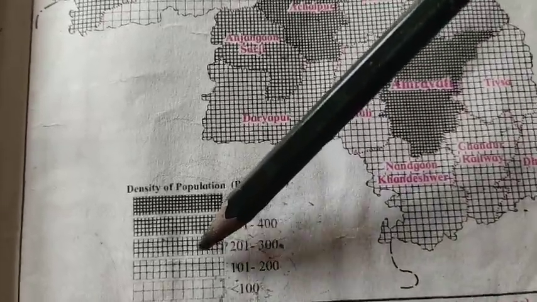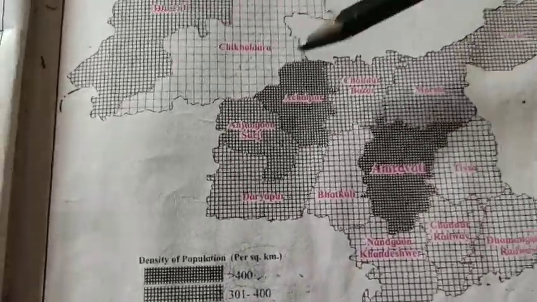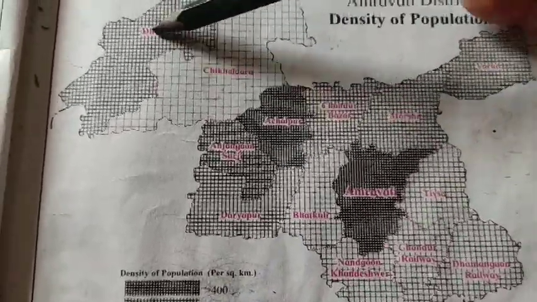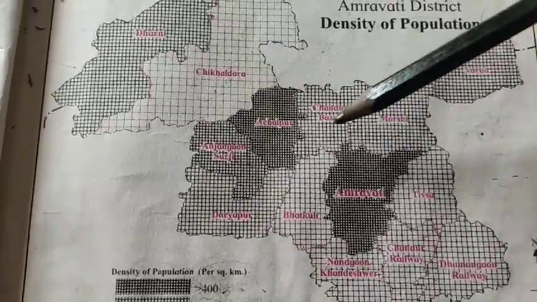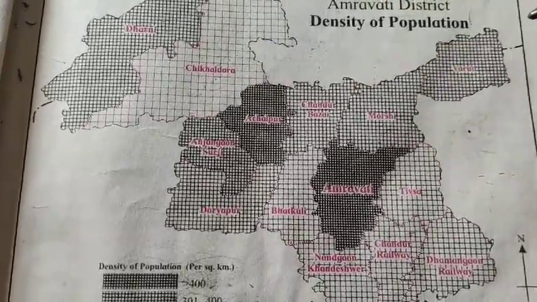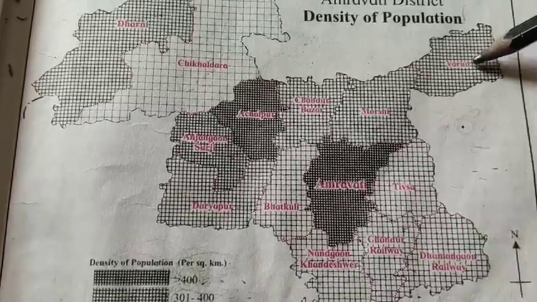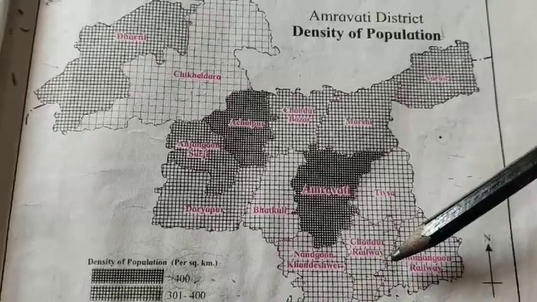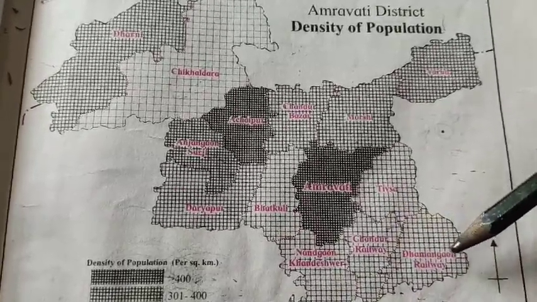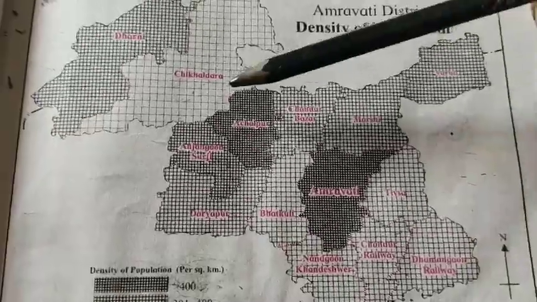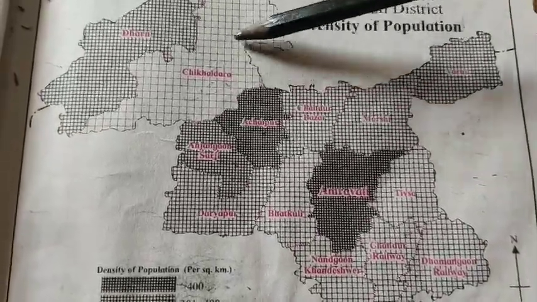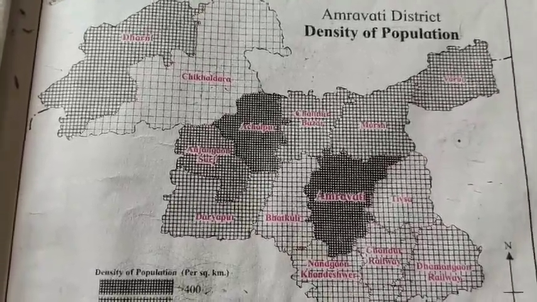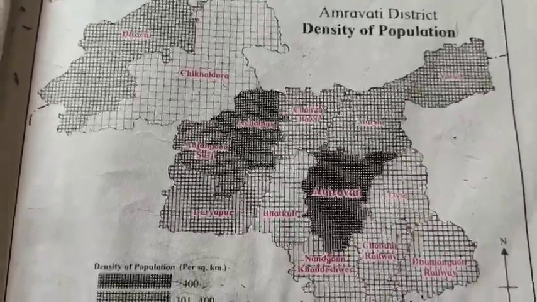So ideally, if we go by the index, the answer is Dharni, Daryapur, Chandur Bazar, Morshi and Varud. Also we write down these: Bhatkuri, Nandgaon, Khandeshwar, Chandur Railway, Dhamangaon Railway, Tivsar and Chikhaldara. These are the talukas that show a population less than 300 persons per square kilometers.